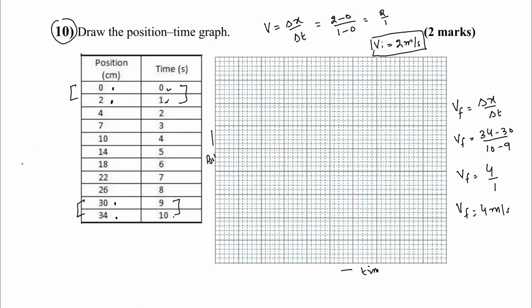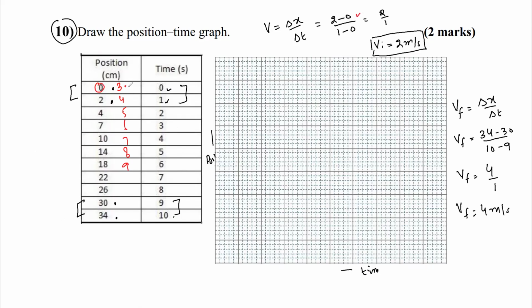Remember one thing: if in your question the values are different, for example if it started from 3, 4, 5, 6, 7, 8, 9, 10, then you take the initial value 3, not 0. In this condition, the initial position is 0, that's why I am taking 0.